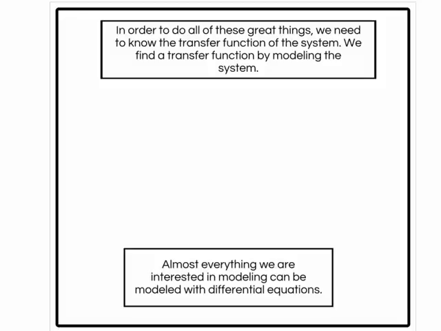Almost everything that we are interested in modeling can be modeled with differential equations. That makes sense since we know that the input and the output signals are both quantities that change over time, and differential equations are the kinds of equations that describe how things change over time.